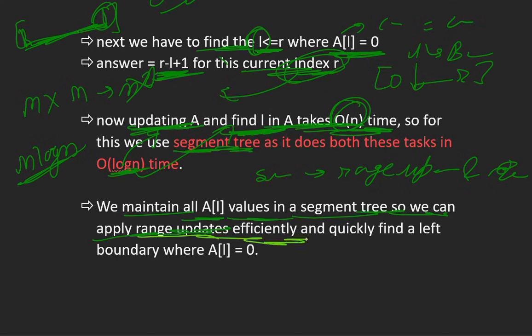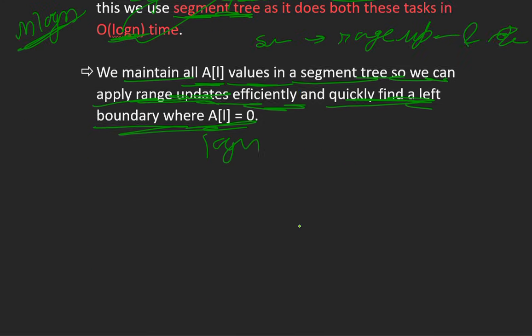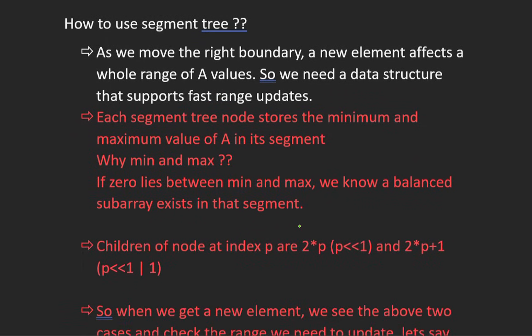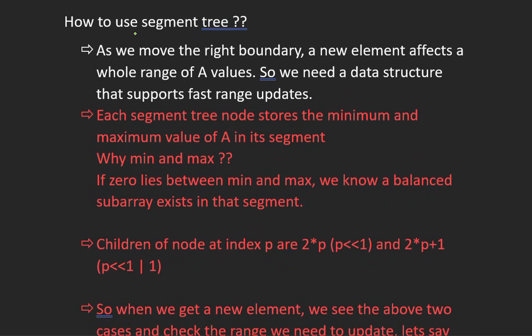Our range updates will be efficient, and we will quickly find the left boundary where a of L is equal to 0 in log of n time, right? Next, how do we implement our array a using a segment tree?